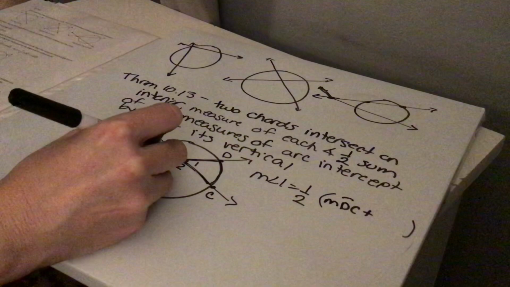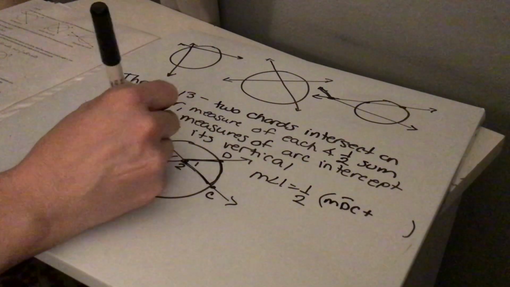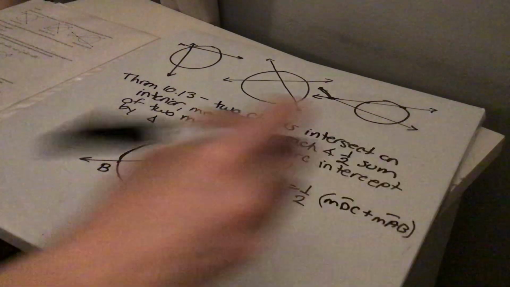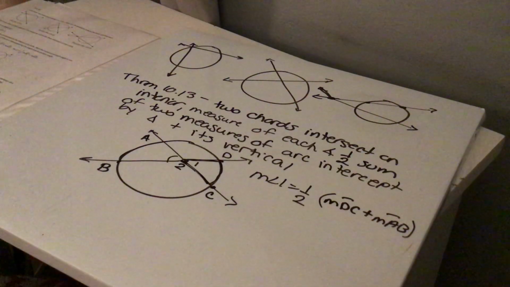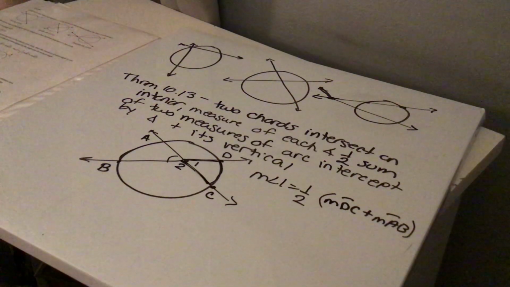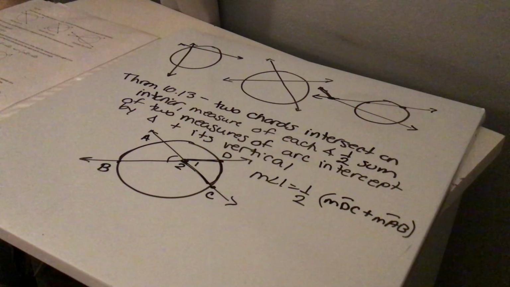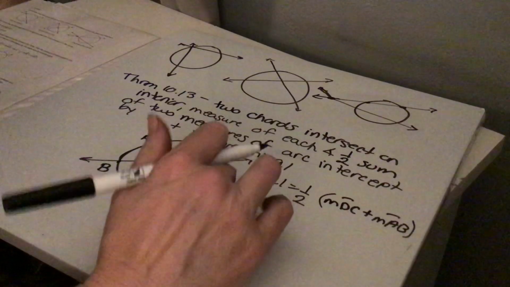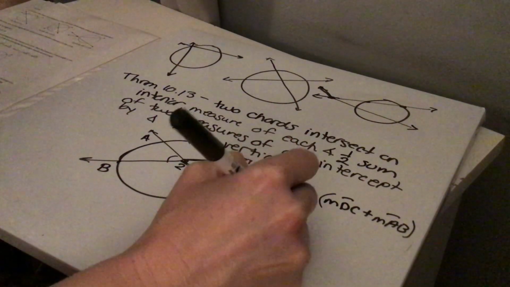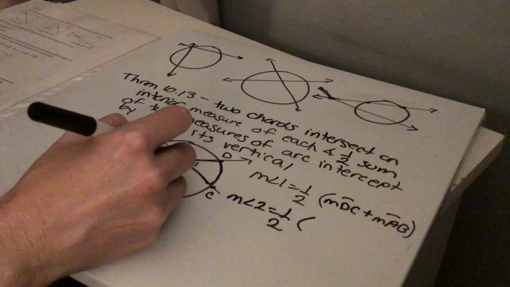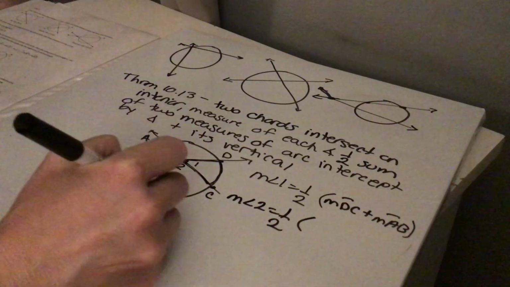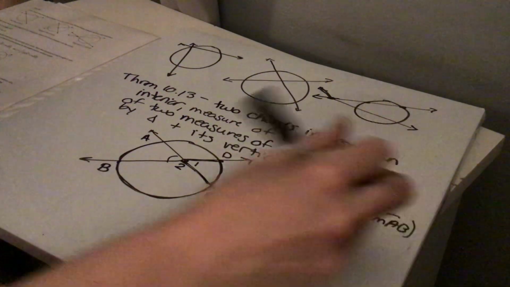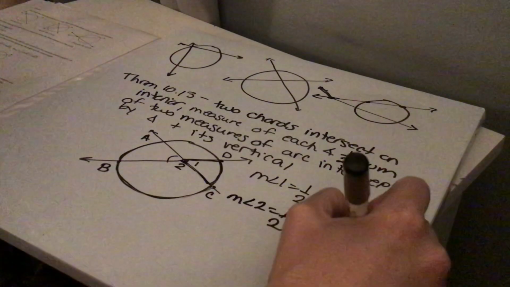And the vertical angle would be this one, so it's this intercepted arc. So 1/2 CD plus AB. Angle 2 is very similar, but it's two different arcs, so it's half the sum. This is angle 2, its intercepted arc here is BC, and its vertical is AD.